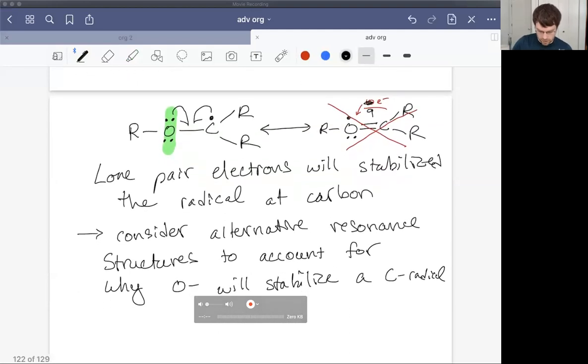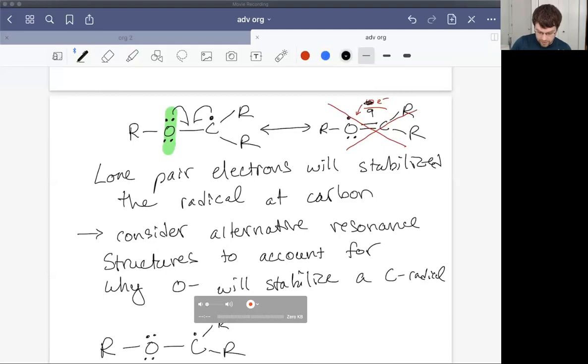Okay, now this is going to look a little uncomfortable because curly arrows are really helpful for showing the movement of electrons when we're considering resonance structures. But resonance structures are just alternative depictions of the exact same molecule to show how electrons can move or how electrons can be distributed in different ways.